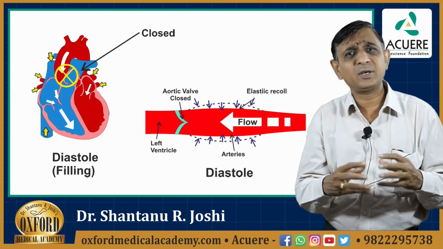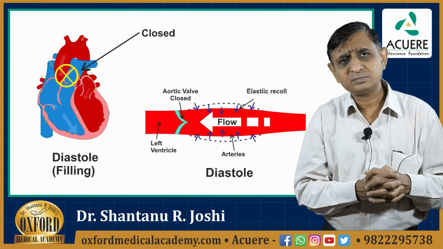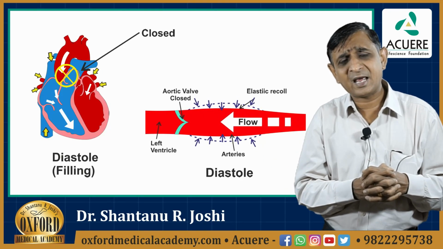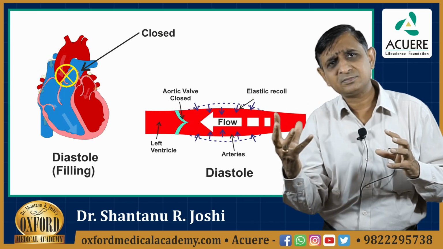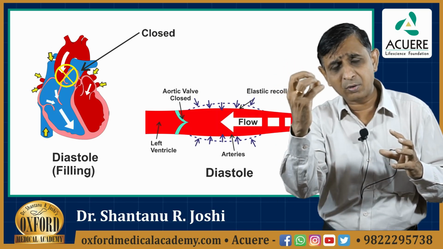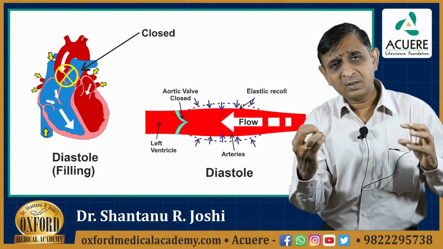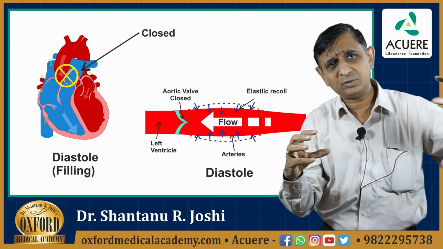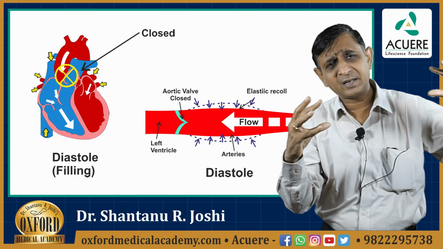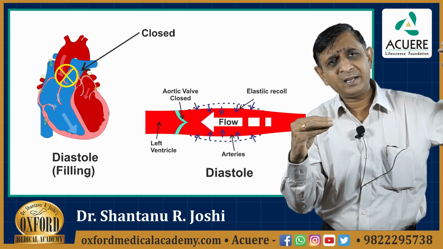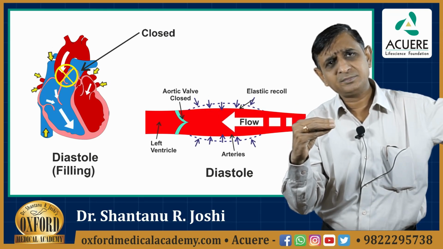Now, the heart will go into diastole. What happens in diastole? The heart relaxes. The aortic valve over the left ventricle will close. At the time of systole, the heart contracted and the peripheral tree expanded.